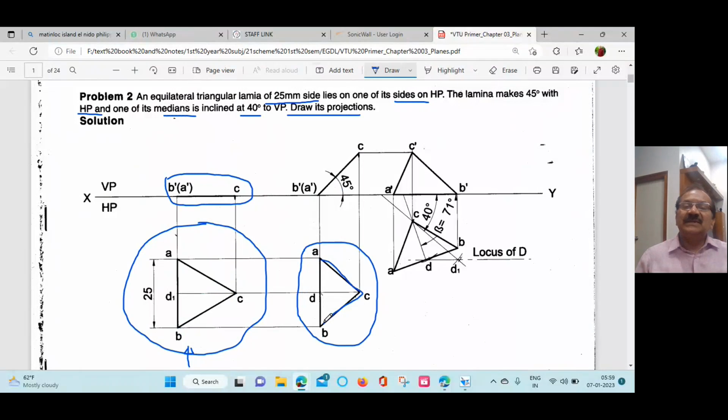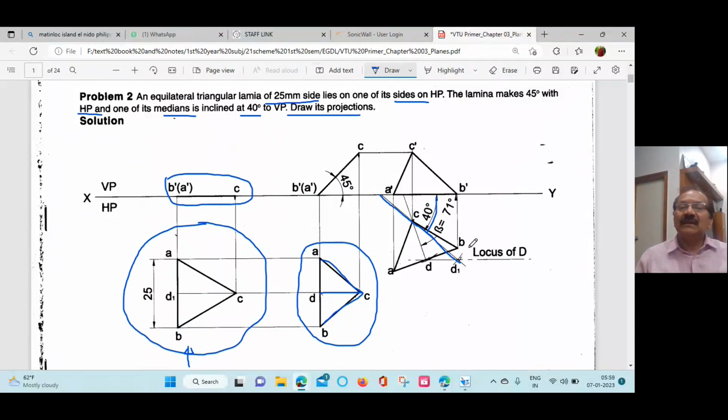Next, our task is to keep the median CD inclined at an angle of 40 degree to VP. Inclined 40 degree to VP means it appears on HP, HP means below the XY line.